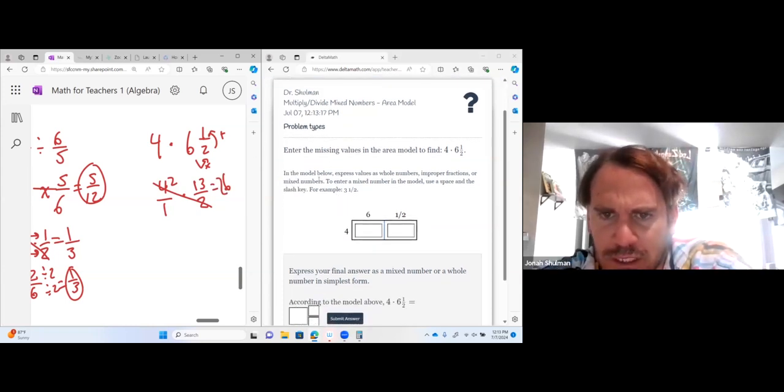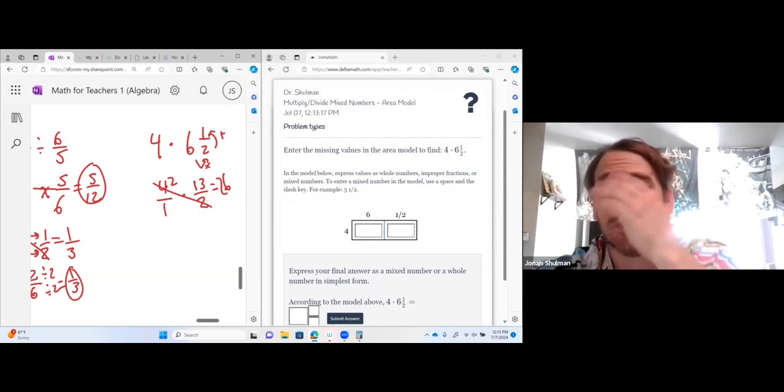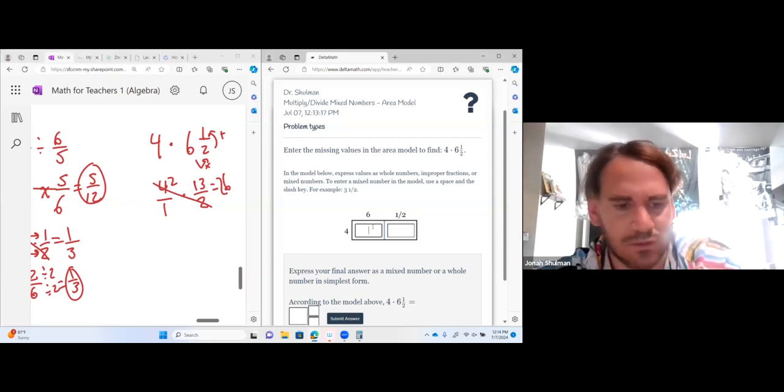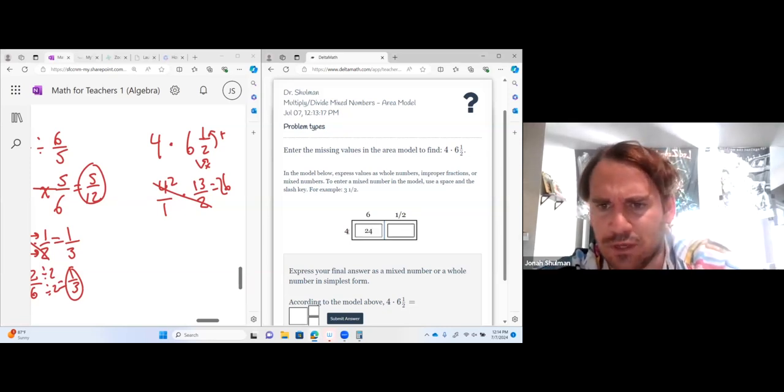But that's using the algorithm. So let's use the area. So improper fractions or mixed numbers. To enter the mixed number, the model used the space and the slash key. So this should be 4 times 6 is 24, I believe, and 4 times 1/2 is 2.